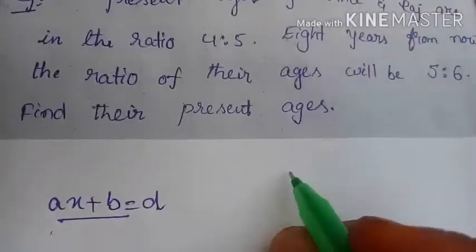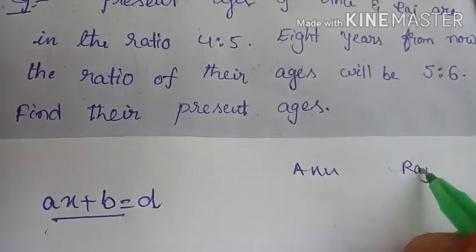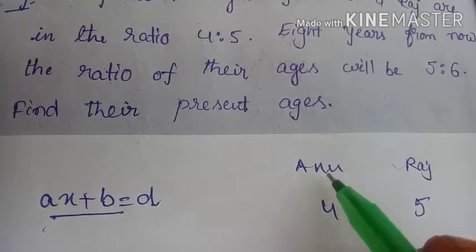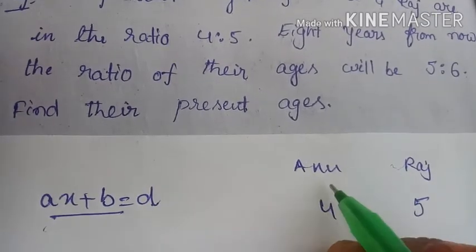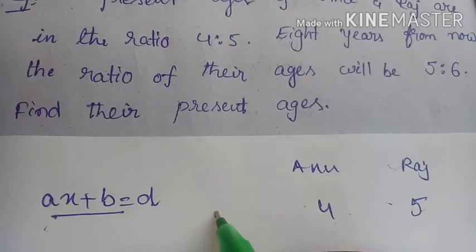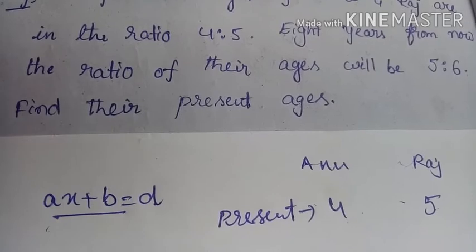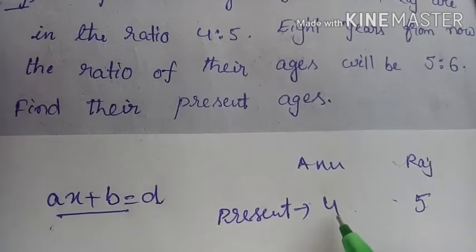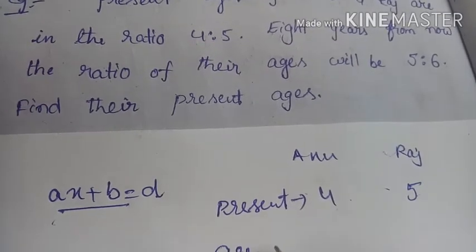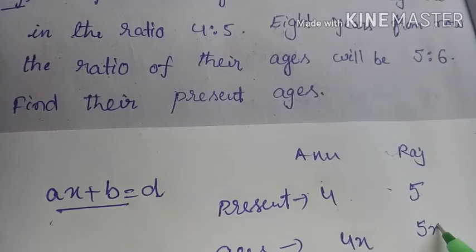How many persons here? Two persons, Anu and Raj. The ratio is given as 4:5 at present. When they give the ratio, not the ages directly, Anu's age is 4x and Raju's age becomes 5x.